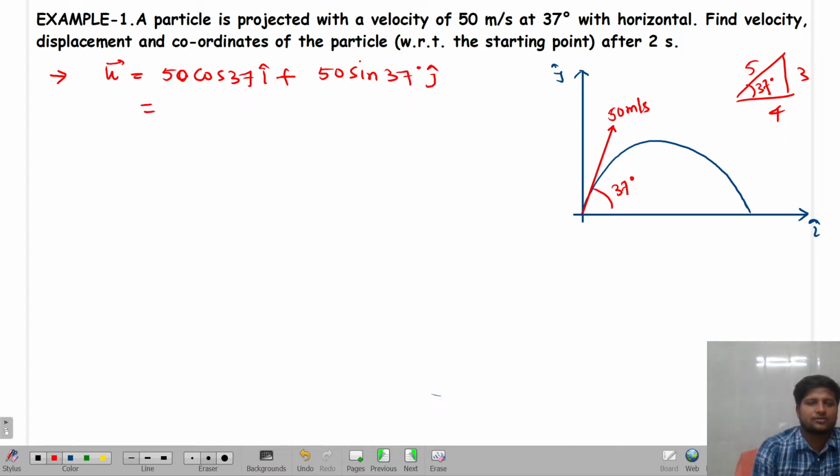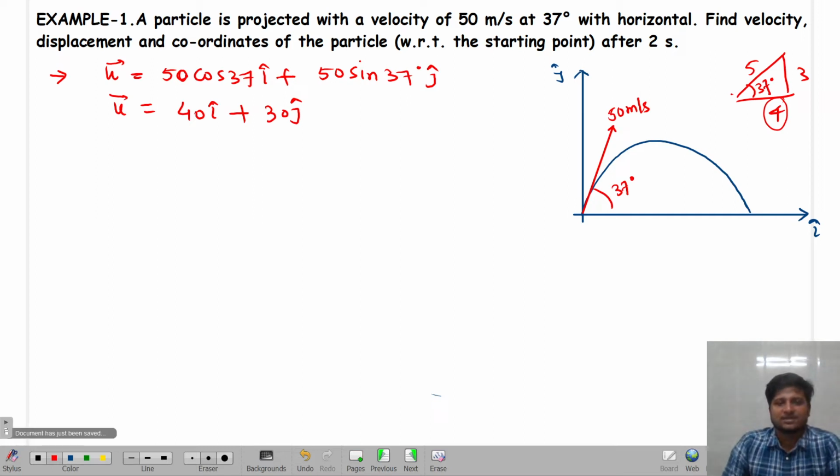Now look over it. What it is going to be? Cos 37 is what? Base by hypotenuse. So 4 by 5. So 40 i cap plus 50 into 3 by 5. Okay, so it will be 30 j cap. So you got your initial velocity equation, that is equal to 40 i cap plus 30 j cap.